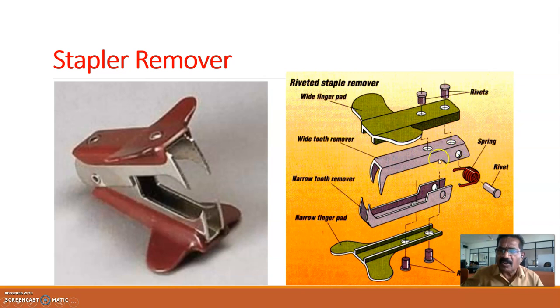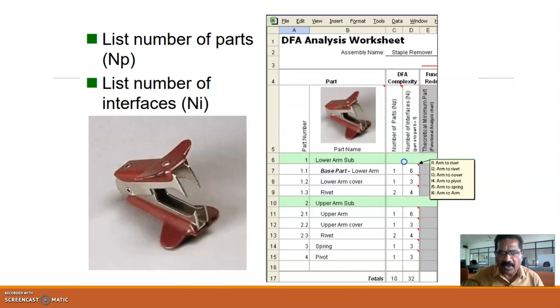They are for joining this part, this narrow tooth remover, to the other one. There's one narrow tooth remover for the bottom, and there's a wide tooth remover for the top one. These two teeth go inside and catch hold of the staple pin which has already been stapled, and then pull it out. That is the entire purpose of this product.